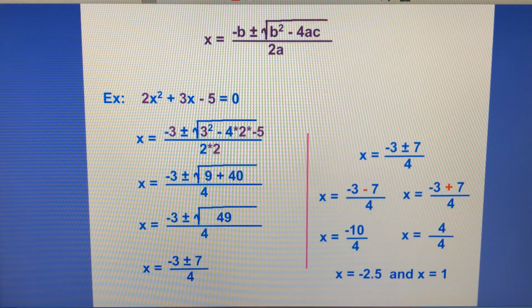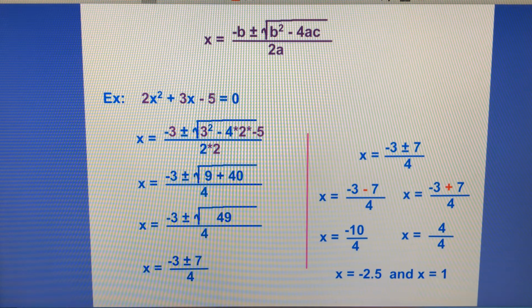Here we go. So there's my formula up at the top. I take my quadratic equation, 2x squared plus 3x minus 5 equals 0. You know that the 2 is a, the 3 is b, the negative 5 is c.